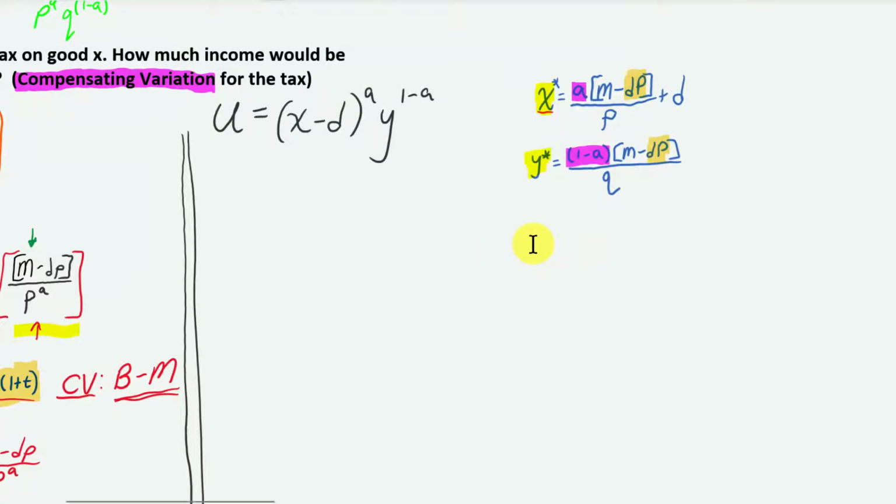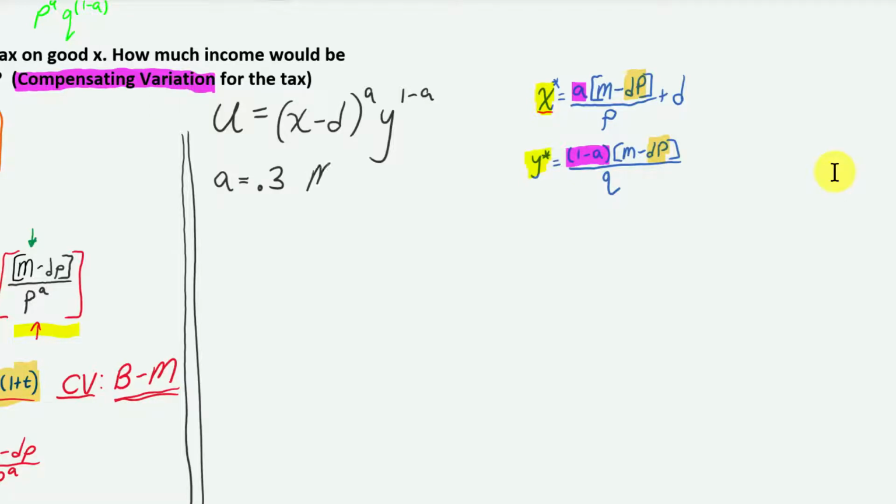Here's our utility function for this problem, and here are our Marshallian demands. Now let's do this example pre-tax and then we'll add the tax. So the parameters we need to specify here, let's suppose that A is 0.3, which means that 1 minus A is going to be 0.7, of course.